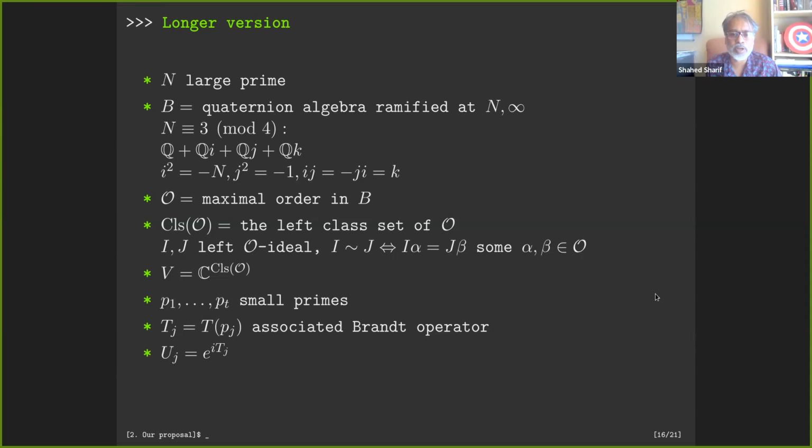So these Brandt operators are self-adjoint for an appropriate inner product. So when you take a self-adjoint matrix and take a complex exponential, so e^{i t_j B_j}, that gives you a unitary matrix. And so those are going to be our unitary matrices. The Brandt operators commute with each other, and therefore the unitaries are also going to commute with each other.